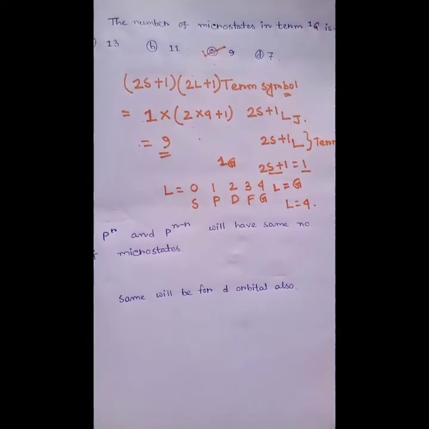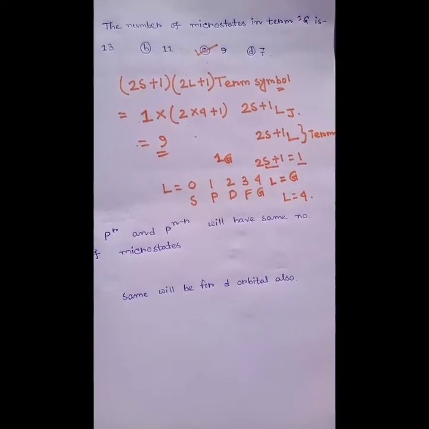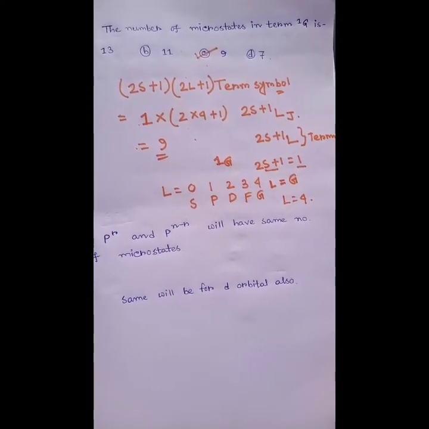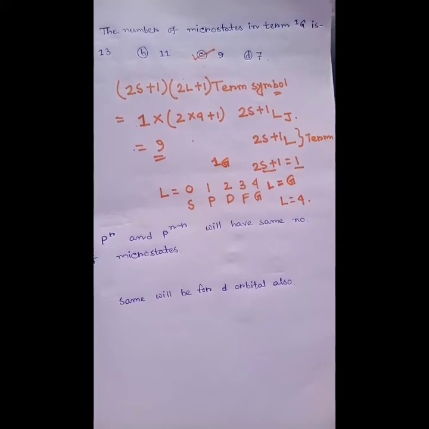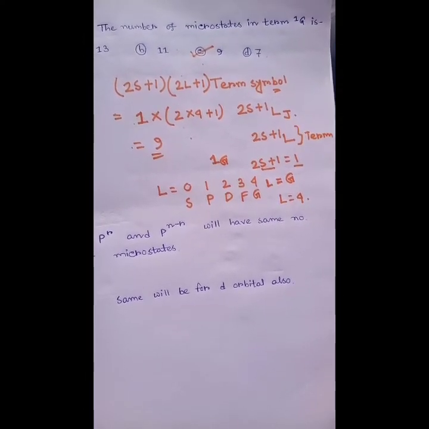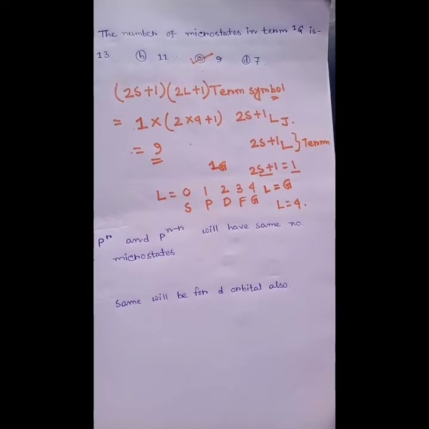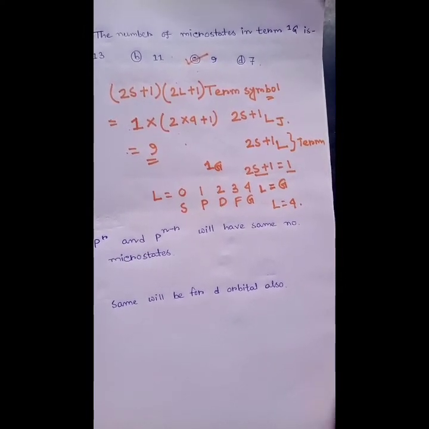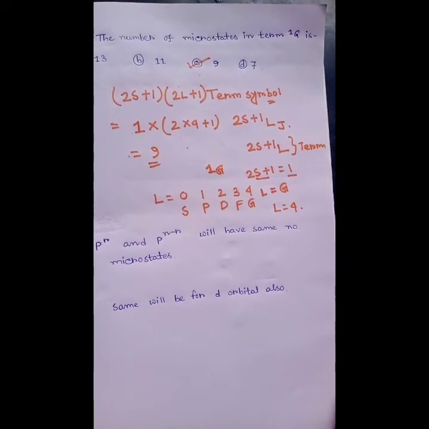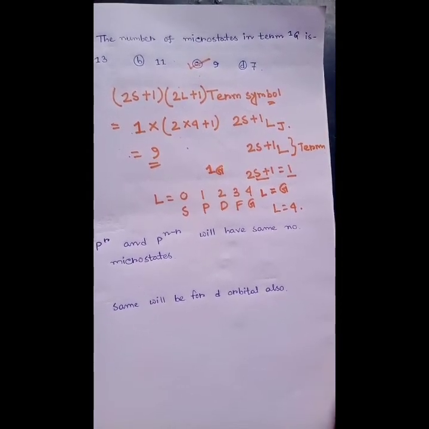So you can see how I got the result. The term is given and we know how to calculate the term symbol using the formula 2S+1 L J, and to calculate only the term, J will not be there. So 2S+1 L you have to use to get the term, and the term given is 1G.